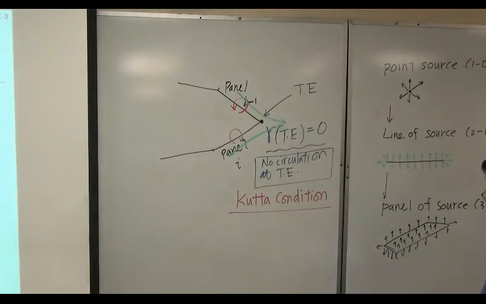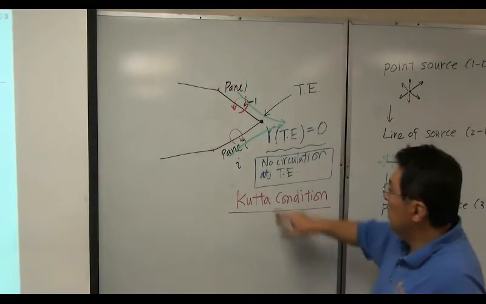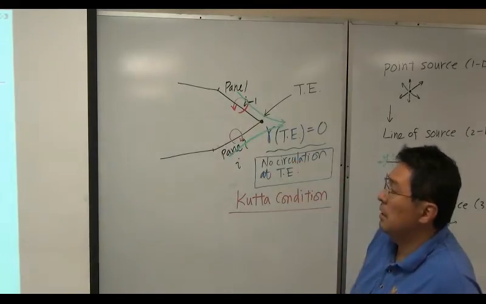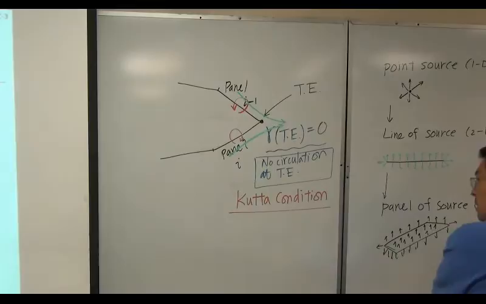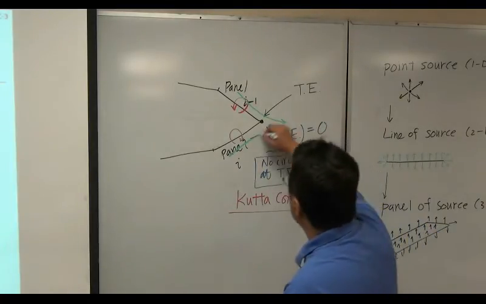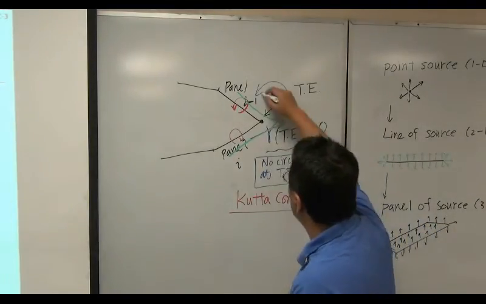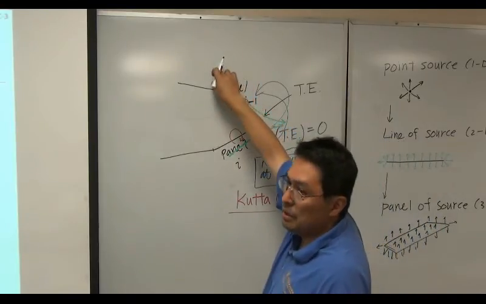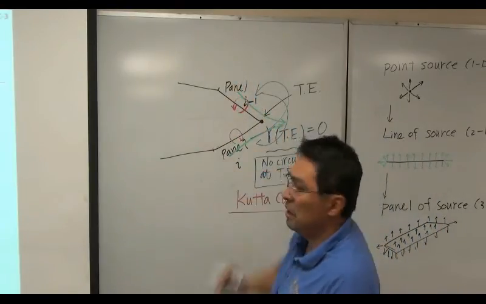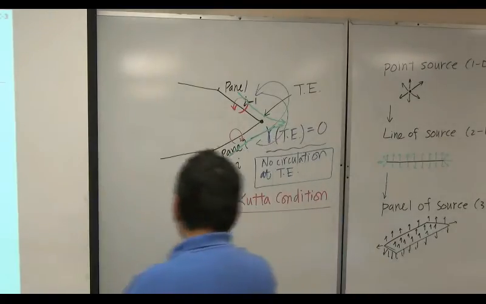So using vortex panel method, you can actually enforce the Kutta condition at the trailing edge so that you are going to avoid flow curling up this direction or flow curling up to that direction, creating temporary stagnation point here or there, which makes the flow field really weird, right?